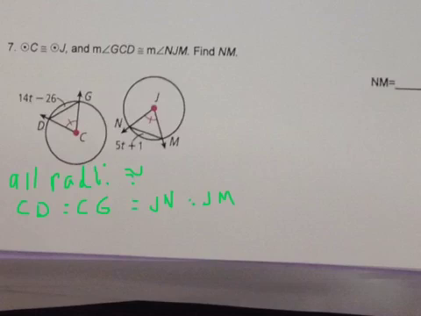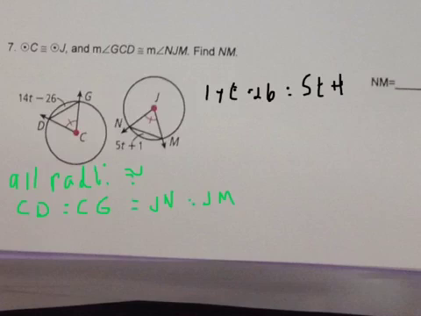Okay, since the two angles are congruent, then their chords are going to be congruent. So all I've got to do here is set up a little equation: 14t minus 26 is equal to 5t plus 1.